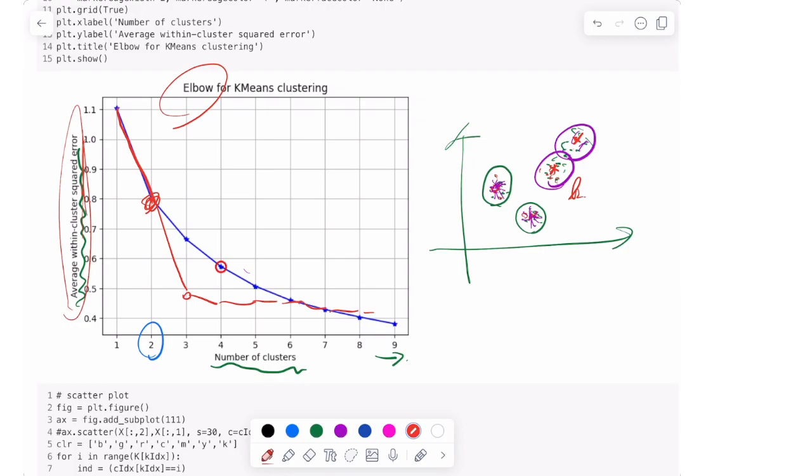But if you observe there is a certain elbow in this figure, then that might indicate the appropriate K value. So sometimes we choose this value, 4 or 5, somewhere near the elbow as our K value in K-means. Okay?